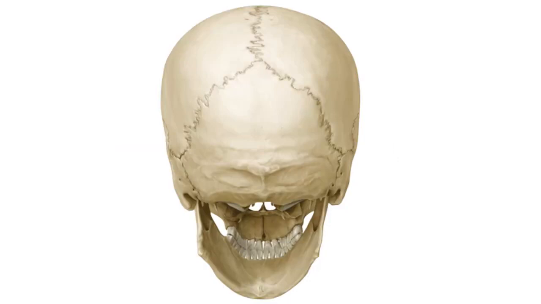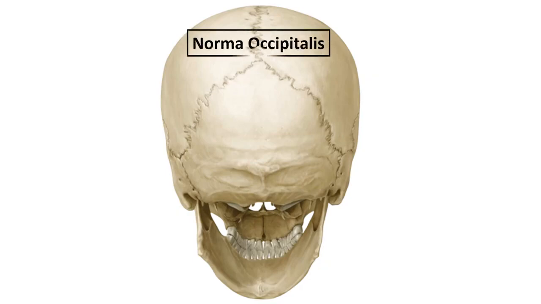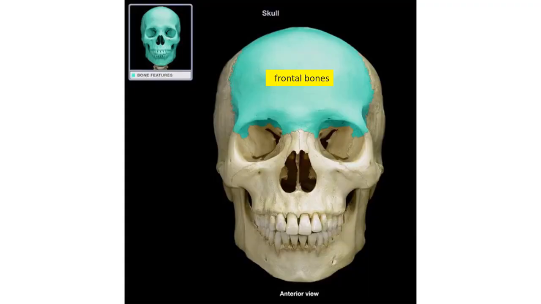This is a posterior view of the skull. It is one of the simple views of the skull, and this is called norma occipitalis. The first bone anteriorly belongs to the cranium, and because it is anterior, it is called the frontal bone.